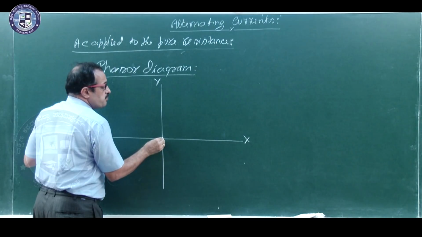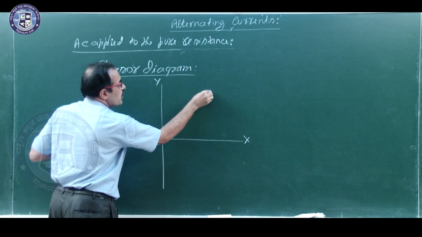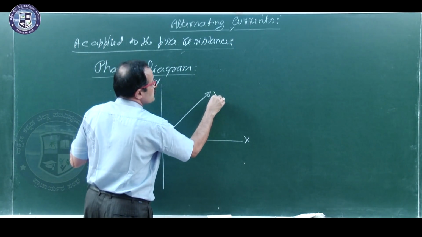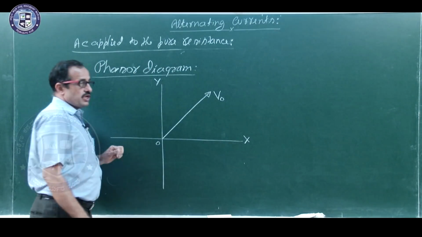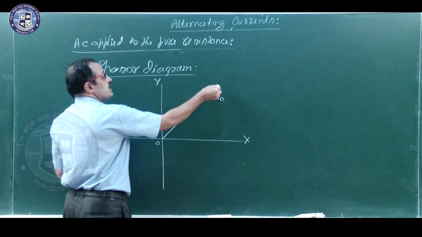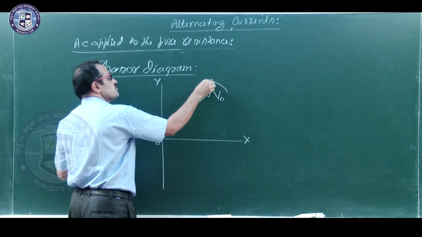Now, the amplitude of voltage is taken as a vector V naught. See, V naught is taken as a vector and it is rotated in which direction? Anti-clockwise direction.